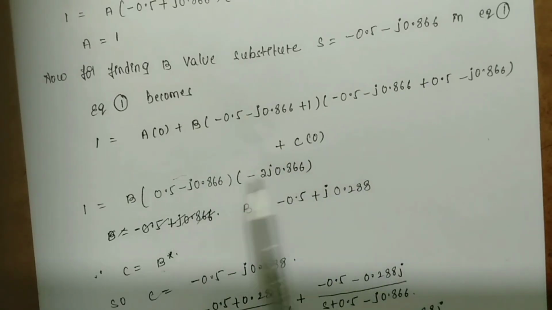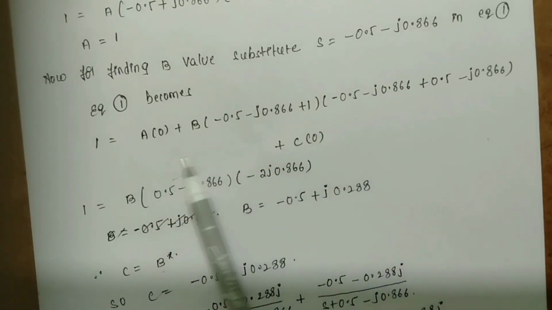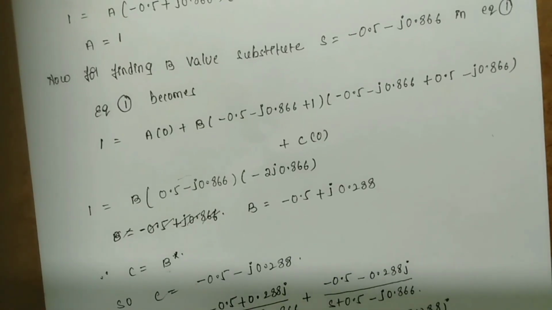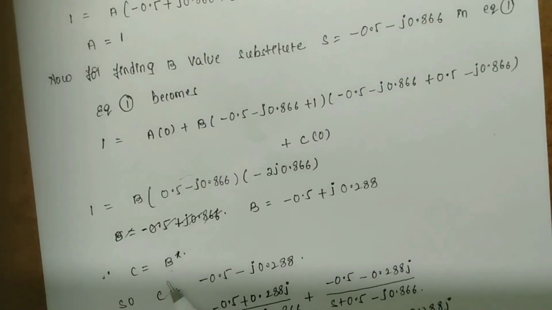Students, you can check these entire calculations using the calculator. So I found the b value. The a value I got, the b value I got. Now the time is to find the c value. I observed that in the roots calculation, the b and c values are conjugates of each other. So if I find the b value, definitely if you take the conjugate of b, that will be the value of c.